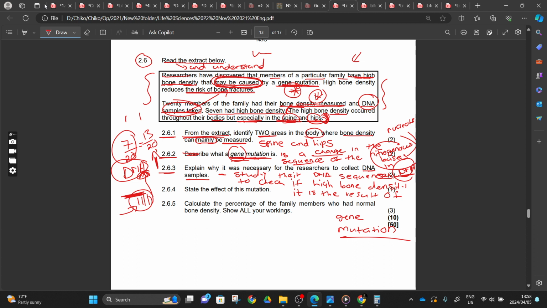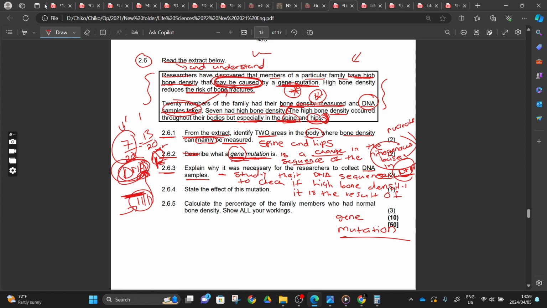Or we can say this one has a normal bone density, and this one has a high bone density, and we find that this DNA is fine, but in this DNA there's something that is missing. It means that maybe they were just taking the DNA sample to check the DNA structure, to check if the mutation is there.